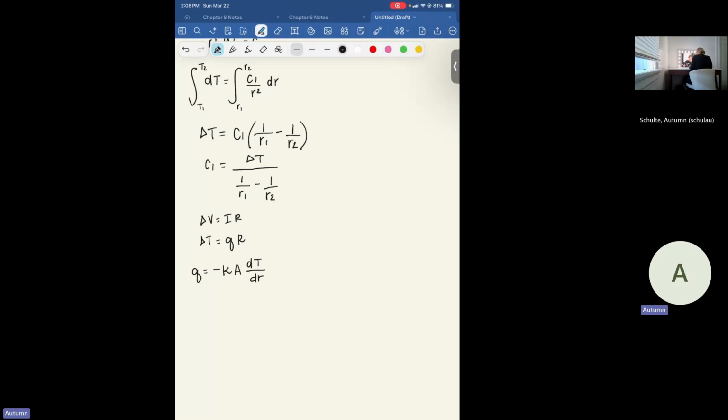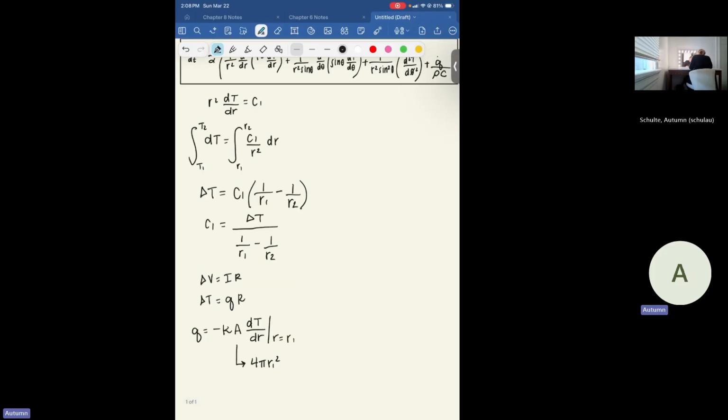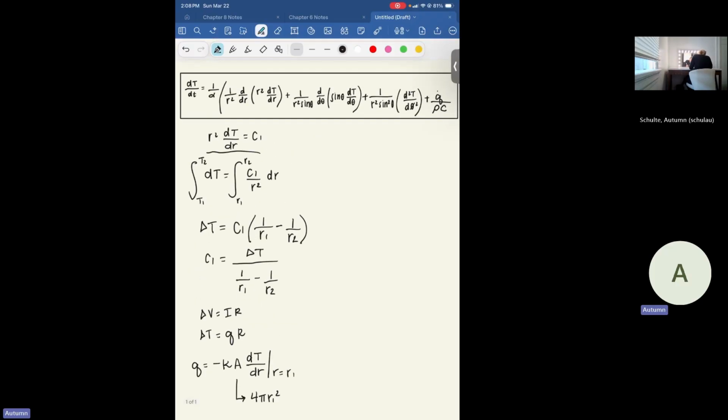And we can evaluate this at either one of our radii, 1 or 2. For the sake of this, I'm going to choose 1. So I'm going to say r is equal to R1. Therefore, our area is going to be 4 pi R1 squared. And our dT over dr can be found up here. If we say that dT over dr is equal to C1 over r squared.